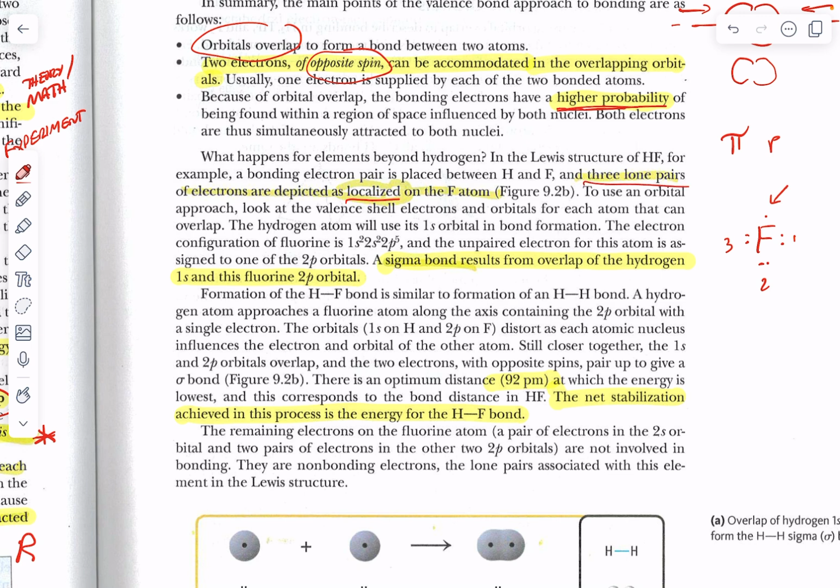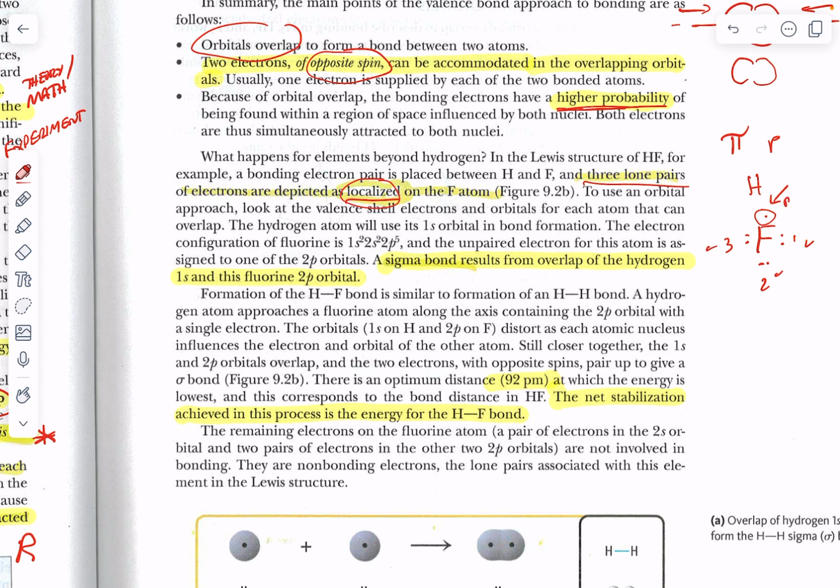The three lone pairs of electrons are said to be localized around the fluorine atom, as opposed to delocalized. This electron right here is going to be connected to the hydrogen. These electrons here are going to be localized.